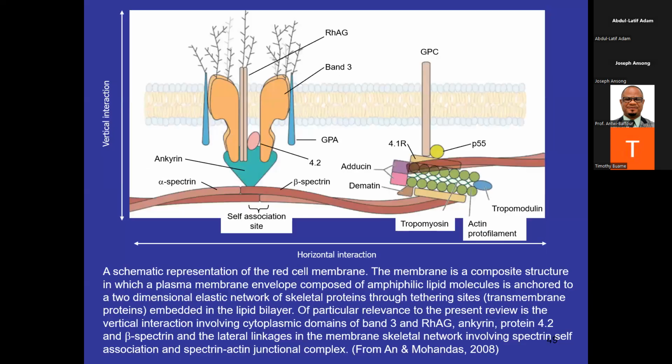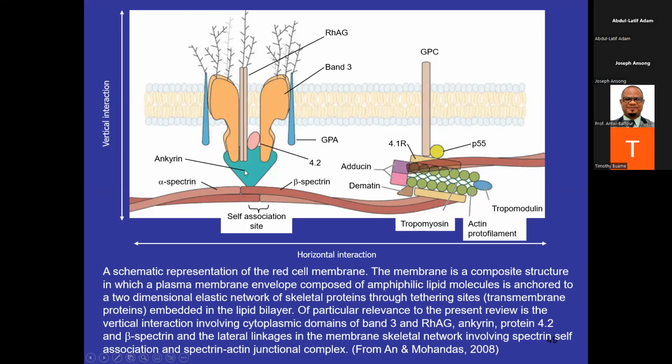And what happened with these membrane proteins for us to have cells such as spherical and elliptical and whatnot? This is what happens. They are membrane proteins that are vertically anchoring the cytoskeleton. In the cytoskeleton, you have the alpha spectrin and beta spectrin.